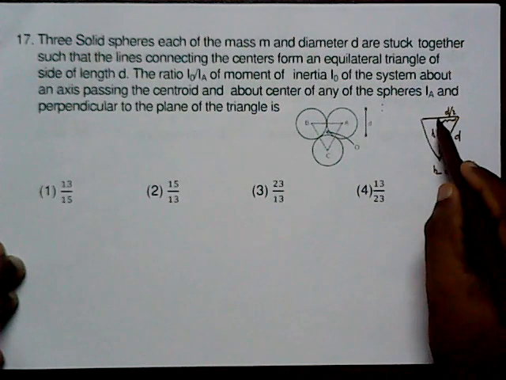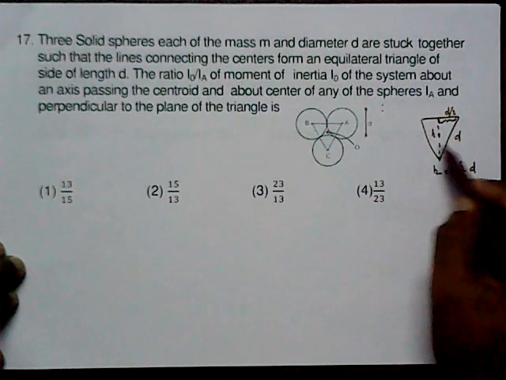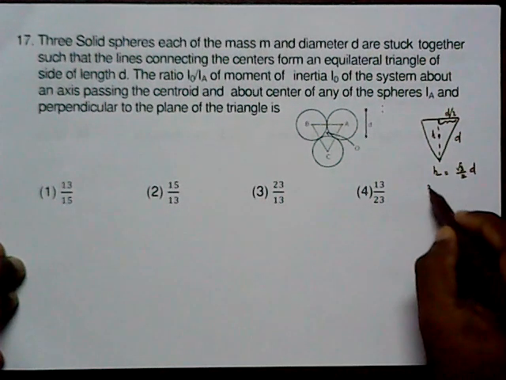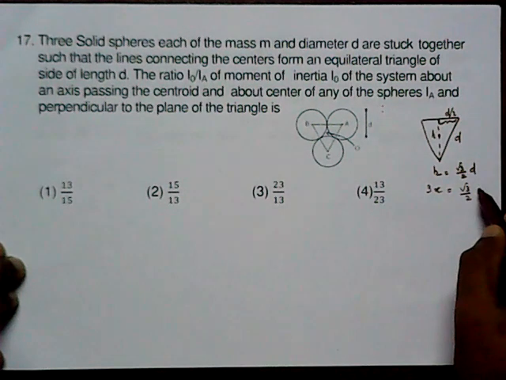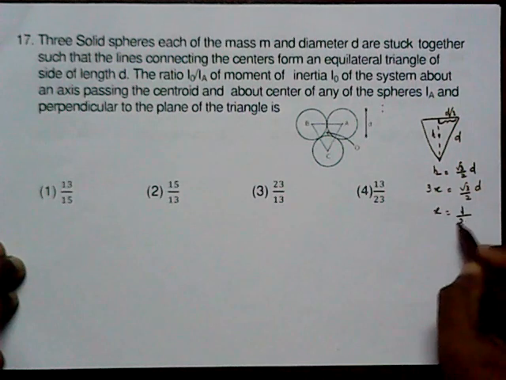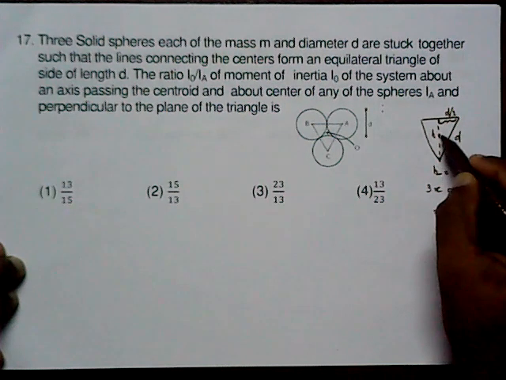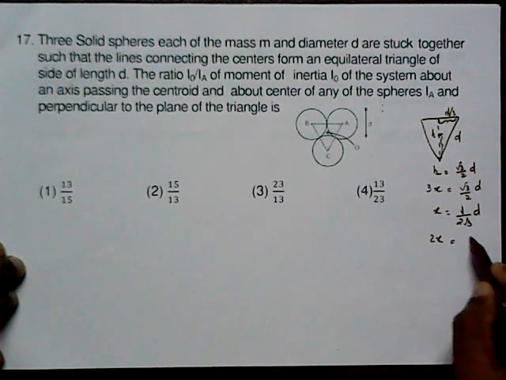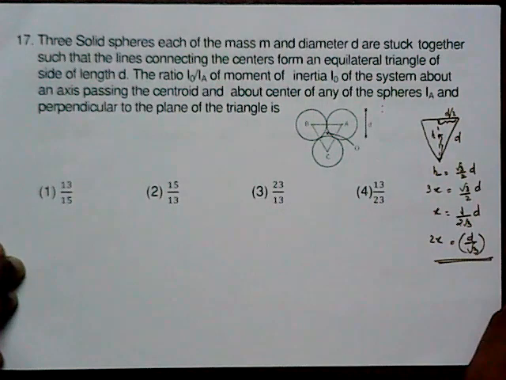But you know the centroid divides the altitude in the ratio 2 is to 1. So if one part is x, we can say 3x takes the value root 3 by 2 d. Therefore, one part takes the value 1 by 2 root 3 d. But we need from a corner to the centroid, the separation as 2x, equal to d by root 3. So that is the relevant material we needed.